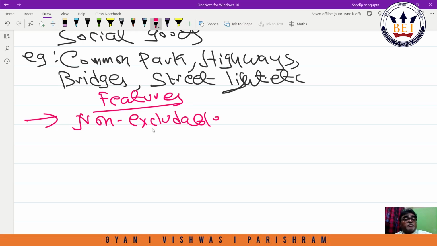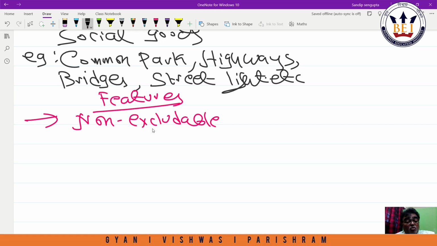non-excludable. One has to know what is excludable. Excludable means if I have one property, I have the right on that property, and you cannot come in here. This property belongs to me. But non-excludable means, like the common park, the property owned by the government, that common park you can use, I can use, everyone can use.